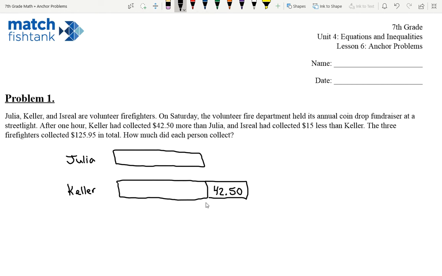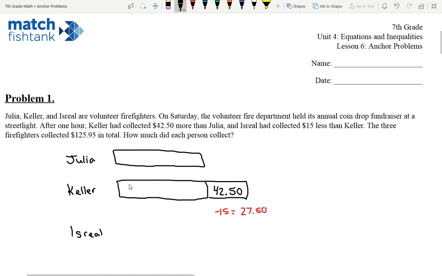Well, what about Israel? We know Israel is 15 less than Keller. I have 42.50 here for Keller, so if I subtract 15 from that, I end up with $27.50.